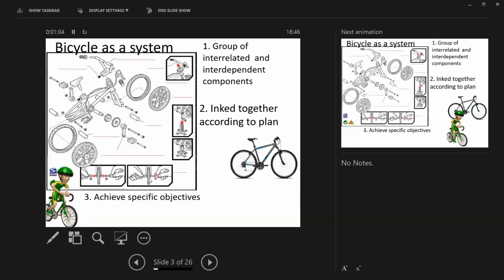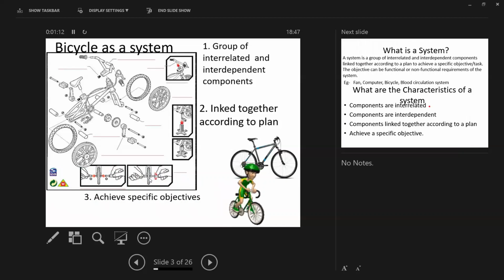So if the main functional requirement is moving forward, it is still not functioning. Now it is functioning. While it is functioning, performing some task, we can say it is a system. But if the main task is not riding the bicycle in the same position, we can't say it is a system.